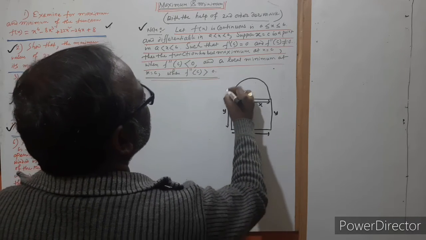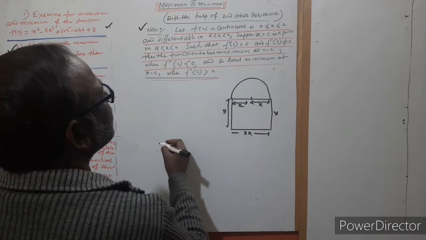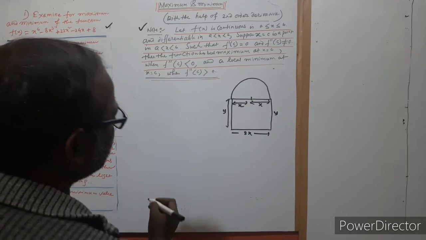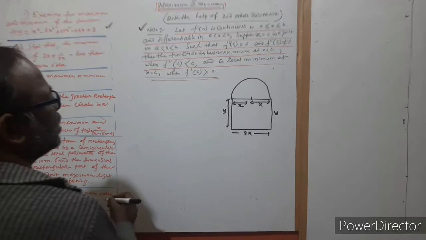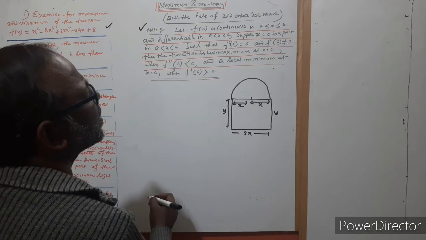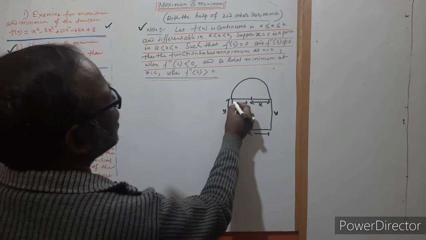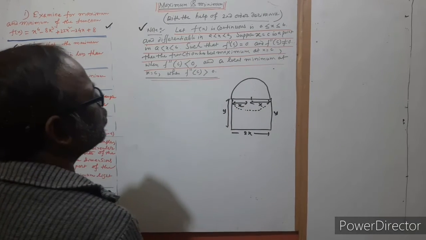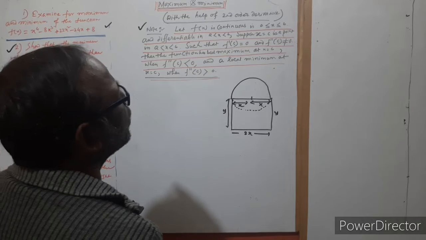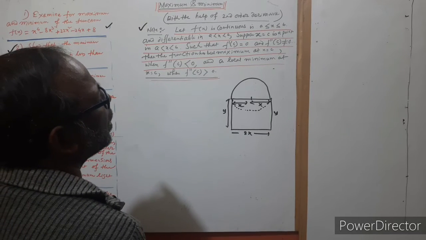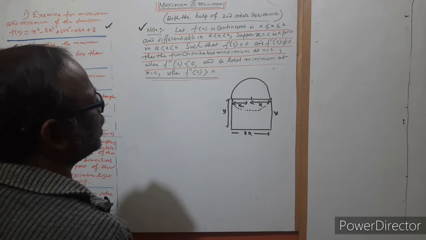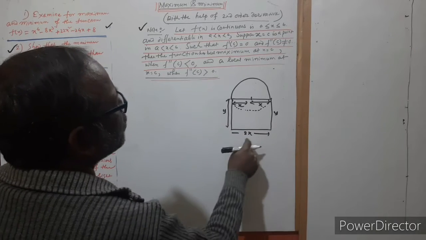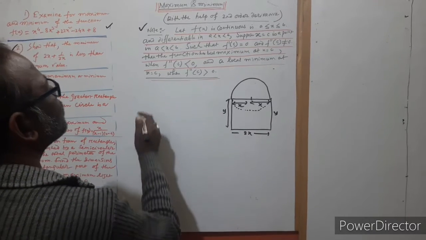Now we have to find the perimeter of the semicircle. So now half of the perimeter is the semicircle, and for the circle it is 2 pi r by 2. Okay, 2 pi r by 2. So that is pi r actually, and then y plus twice x.